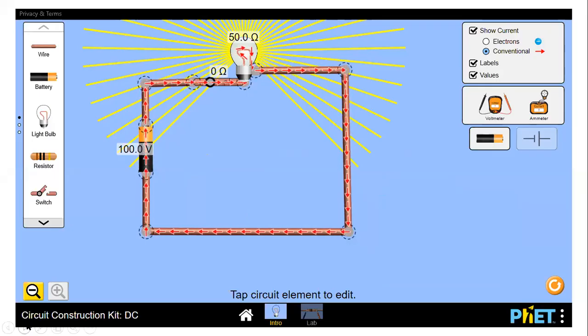It's a 50 ohm resistance, 100 volt. Let me draw the circuit. We are using Ohm's law. This is 50 ohm and this is 100 volt. How can I find out how much power this circuit consumes? Do I need to find the current? No, I know this formula, that is V square by R, right?